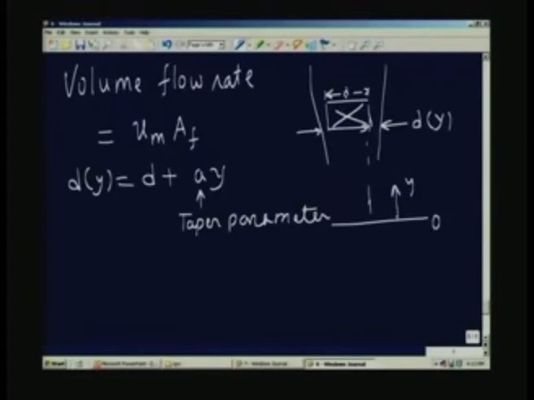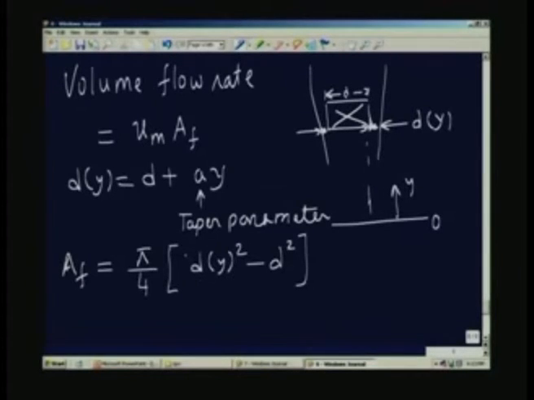So, I can say that the area for flow is pi by 4 into D at y whole squared minus D squared, that is just the area available around the periphery of that circle. That is the annular area.